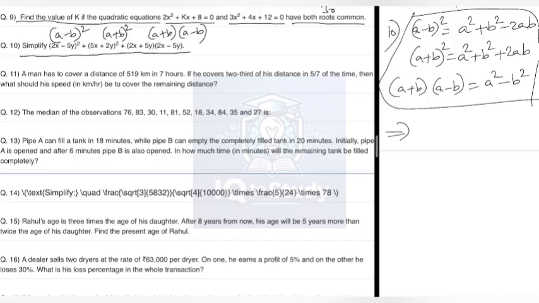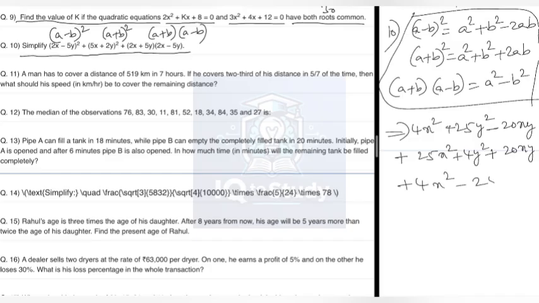From this, the first expression becomes 4x square plus 25y square minus 20xy, and the second one becomes 25x square plus 4y square plus 20xy, and the third expression becomes 4x square minus 25y square.